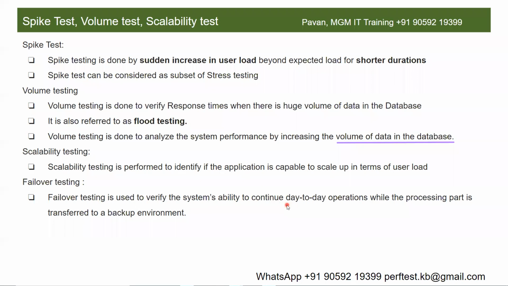Every software application will have a backup environment, one main environment and one backup environment. So what is the purpose of having a backup environment? Let's say, for example, I'll take the SBI example.